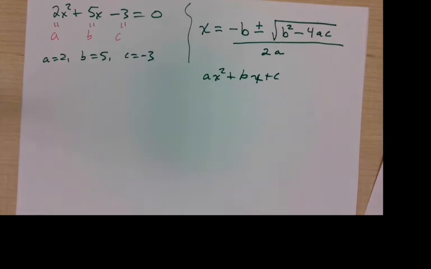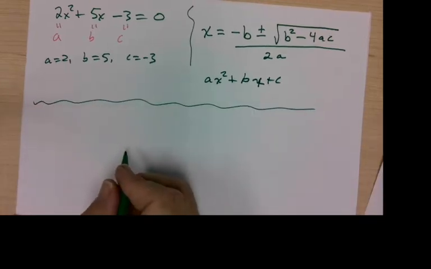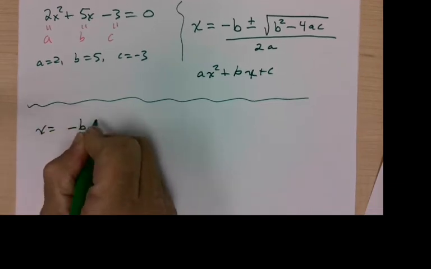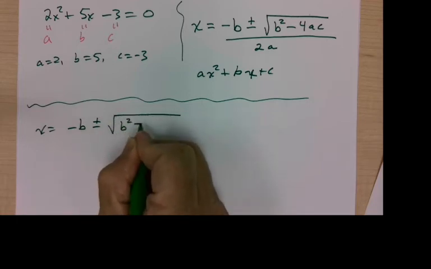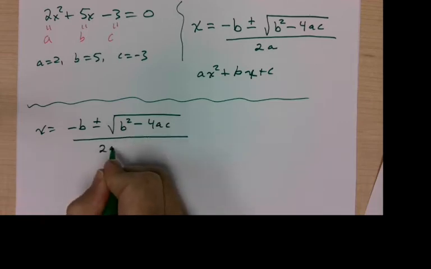So we're going to go ahead and plug those numbers into our formula. Our formula again, x equals negative b plus or minus the square root of b squared minus 4ac all over 2a.